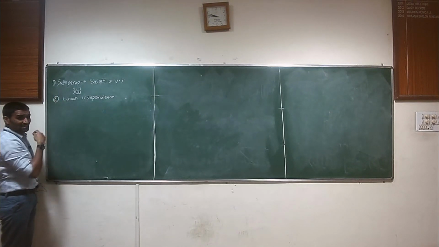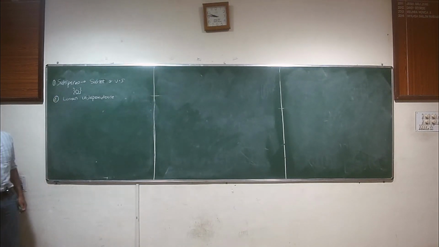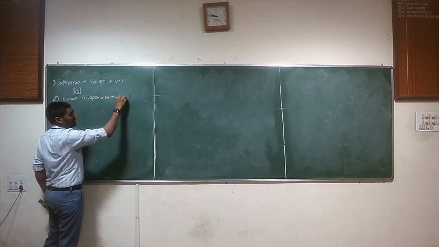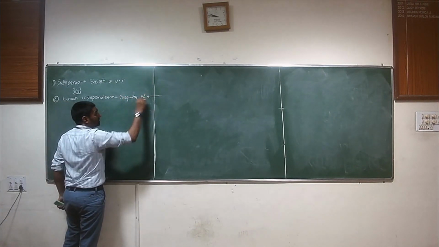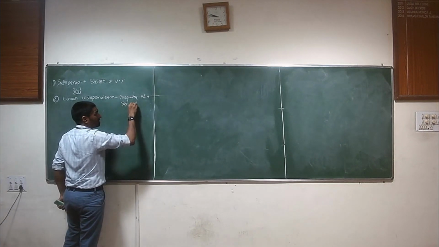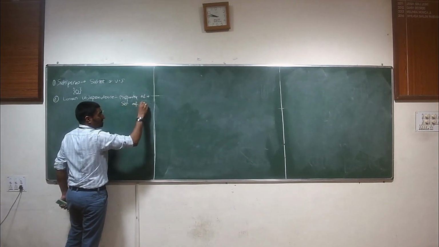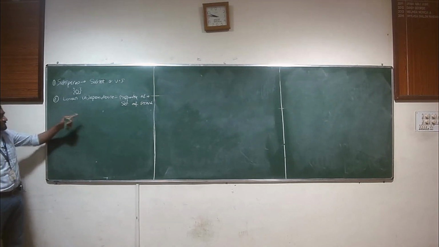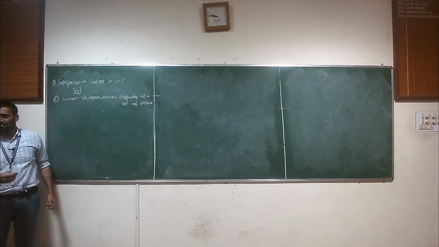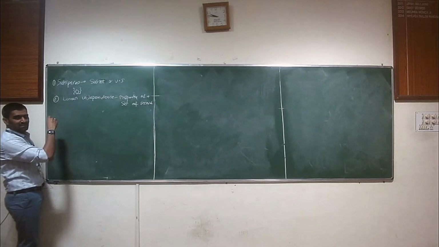What is linear independence? So when they cannot be expressed in linear combination. No, it's a property, right? It's a property of a set, right? It's a property of a set of what? Vectors. When do you say a set of vectors is linearly independent? What is the condition?